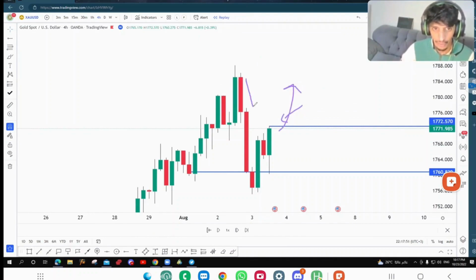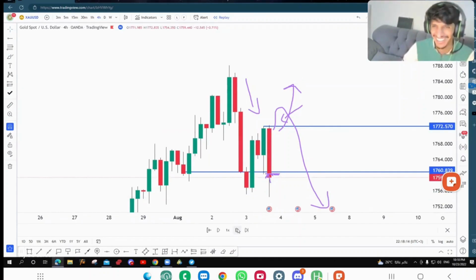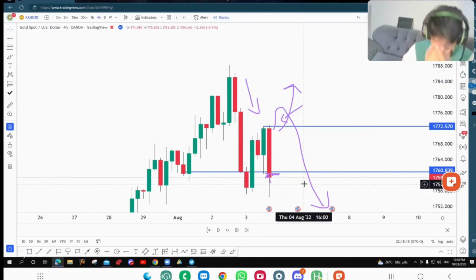But the way the price went down here scared me that it might fake and go all the way back up here, taking all these guys here. I mean, this wick is a liquidity grab, and there's a lot of stop loss here. Let's check. See? You really can't predict 100 percent. Perfect.